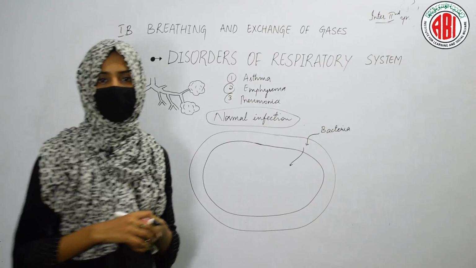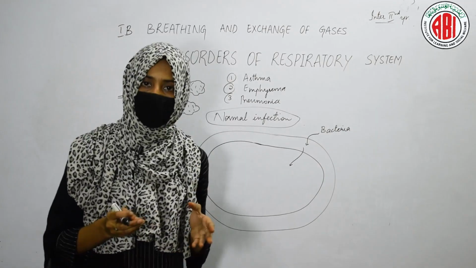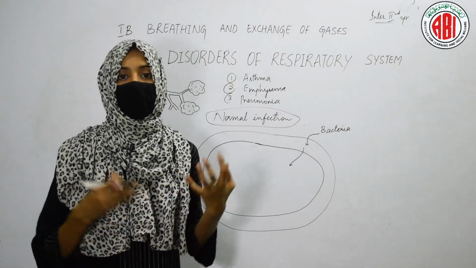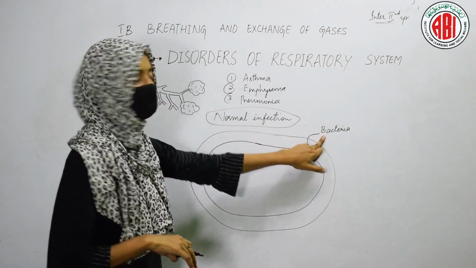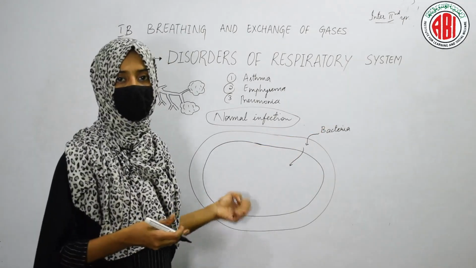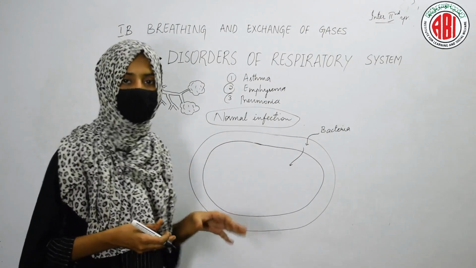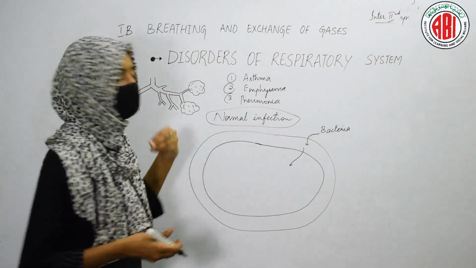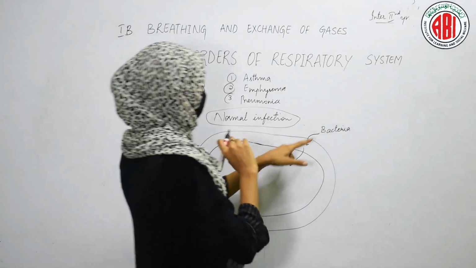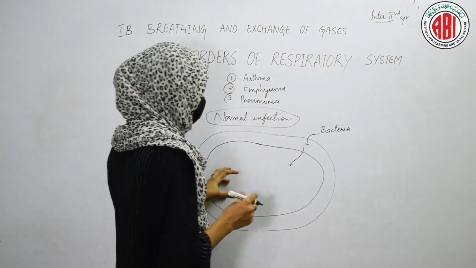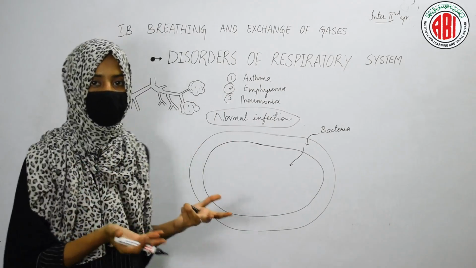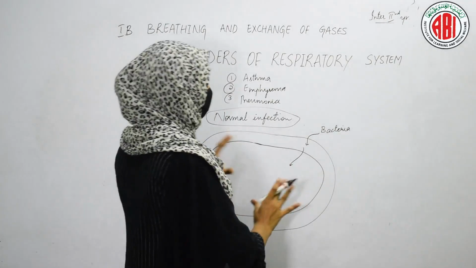Why does the bacteria enter into our body? To stay and also to get the food. A lot of food is present in our body for the bacteria. That is the reason they enter our body and attack the different organs of our body for their purpose. So once the bacteria enter into the wall of any organ and when it enters into the organ, then it spreads and goes anywhere in the organ.